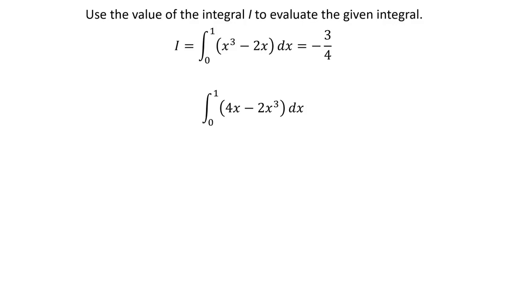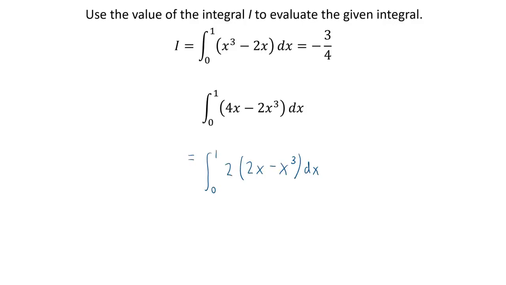So let's see if there's a way to alter this 4x minus 2x cubed to make it x cubed minus 2x so that we can use that value to evaluate our integral. The expression 4x minus 2x cubed is two terms, and both of those terms have a common factor of 2. So let's factor a 2 from each of those terms to see what we get.